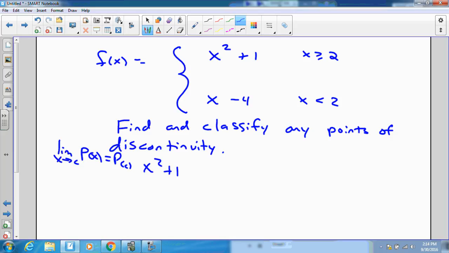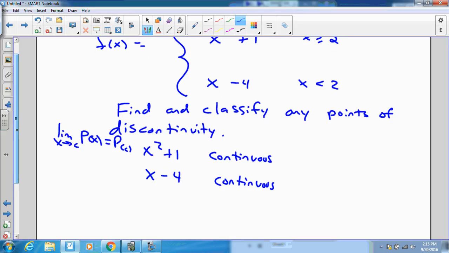You didn't know we were saying that, but that's really what the polynomial theorem is saying. So the piece x squared plus 1 is a continuous function on the entire set of reals. So there are no points of discontinuity on this piece. Then we consider the second piece. And it also is a polynomial, so it also is continuous.